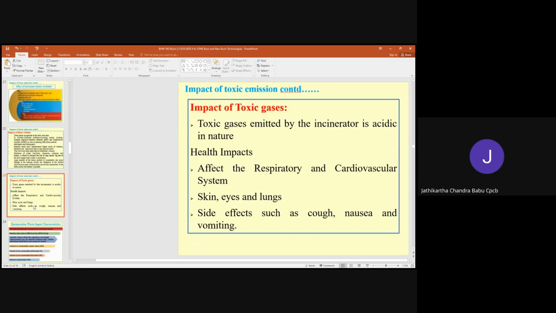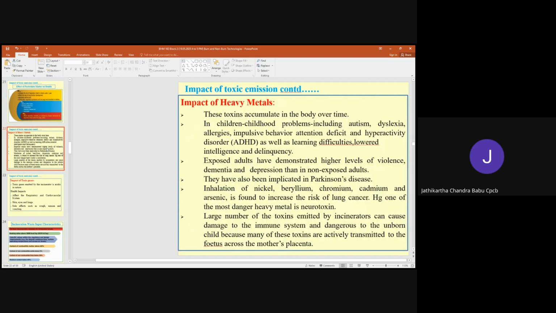The toxic gases emitted by the incinerator are acidic in nature. They cause health effects, affect the respiratory and cardiovascular systems, and also cause skin, eye, and lung problems. Side effects such as cough, nausea, and vomiting will be there. These are the problems due to the particulates, and the problems due to the heavy metals present in the waste.